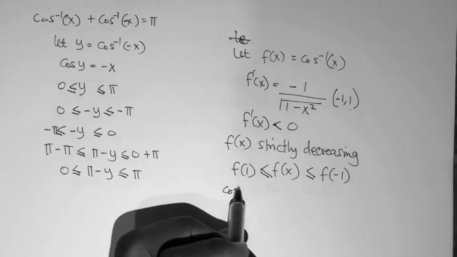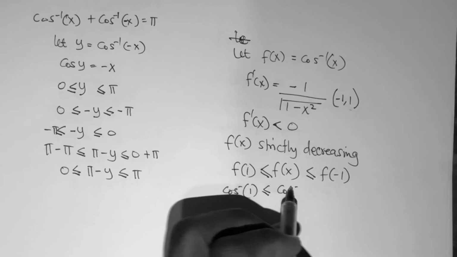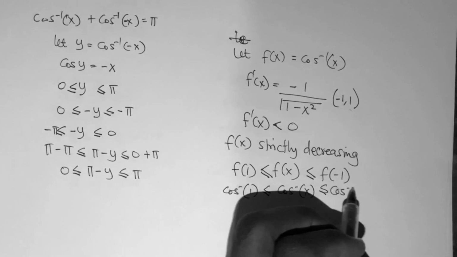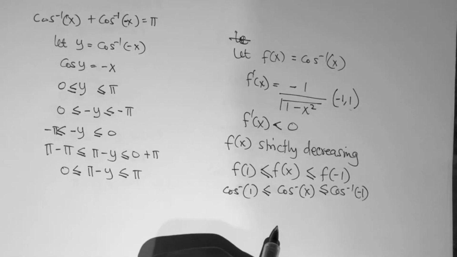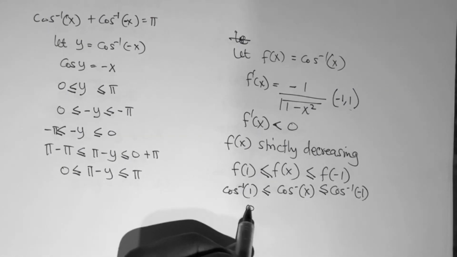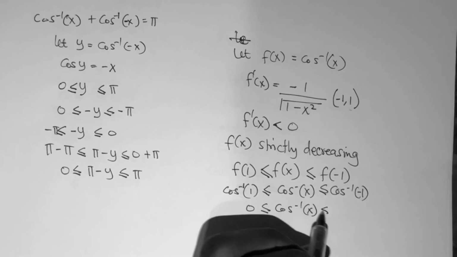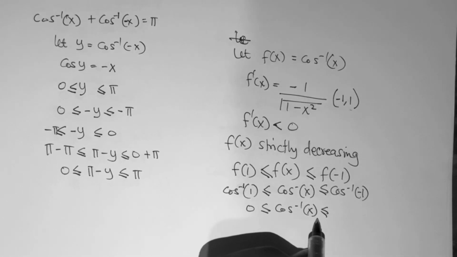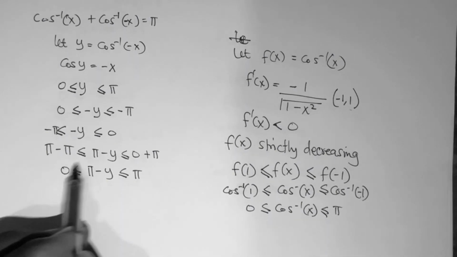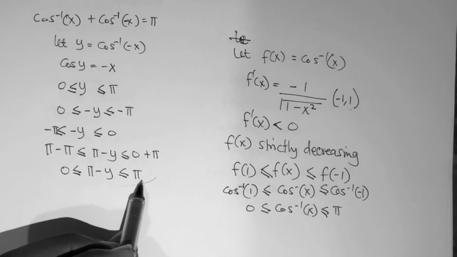So cos inverse of 1 is less than or equal to cos inverse of x, which is less than or equal to cos inverse of minus 1. Now, what is cos inverse of 1? Cos inverse of 1 is 0, which is less than or equal to cos inverse of x, and this is also less than or equal to cos inverse of minus 1, which is pi. Now, you can see that 0 is less than or equal to pi minus y, which is less than or equal to pi.